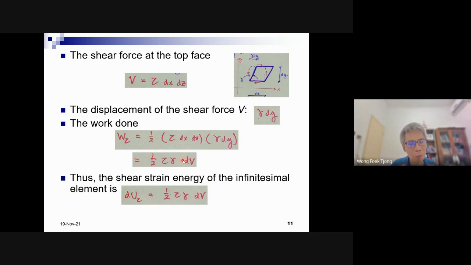But from the definition, the work of the internal force is the strain energy, right? So this is nothing but the strain energy. We now know the strain energy of this infinitesimal element is given by this.